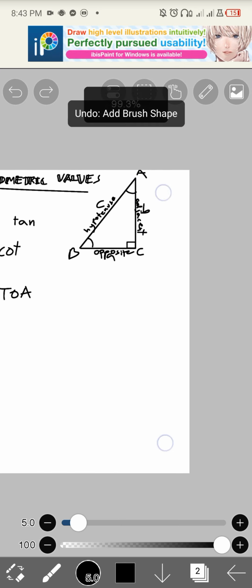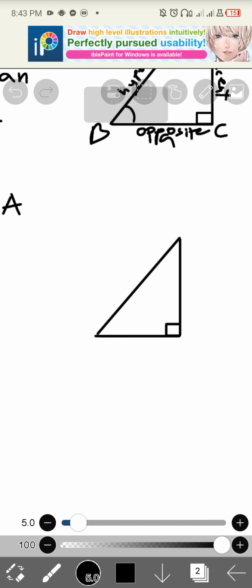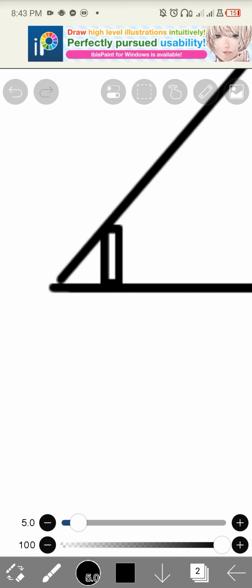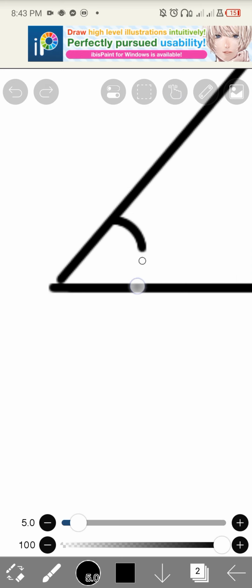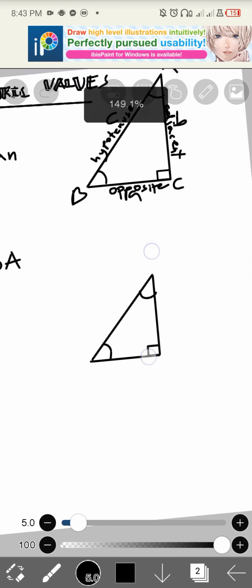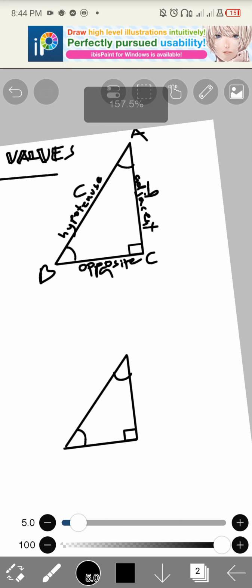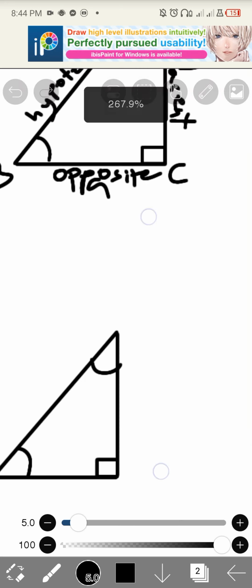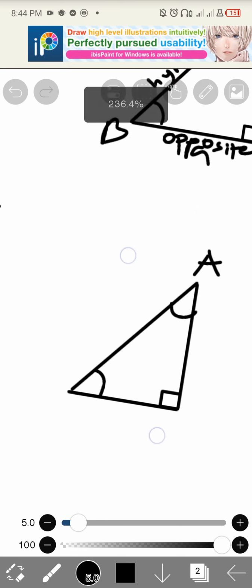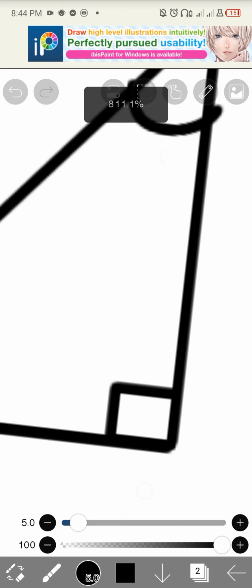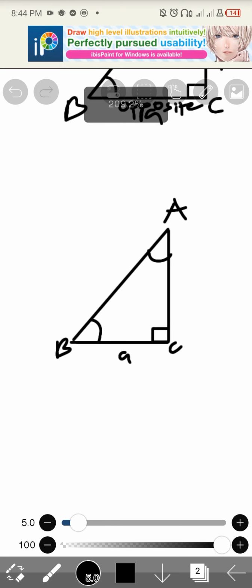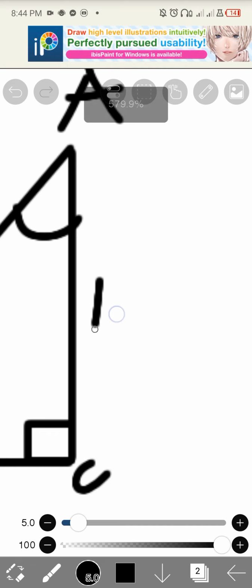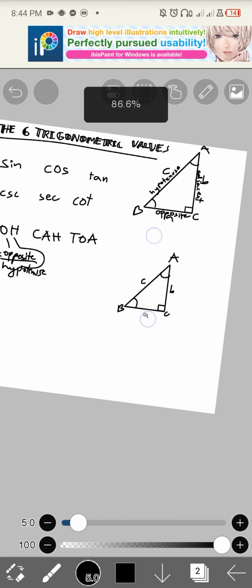So let's say we have a right triangle. Basically, let's say we have right triangle. Same lang natong pag-name kay para easy lang ma-identify. So, right triangle A, B, and C, with side A, side B, and side C.